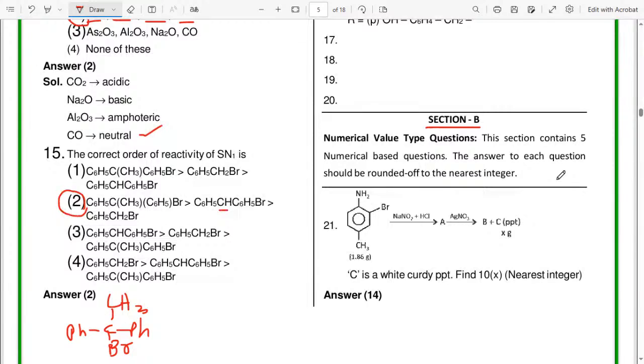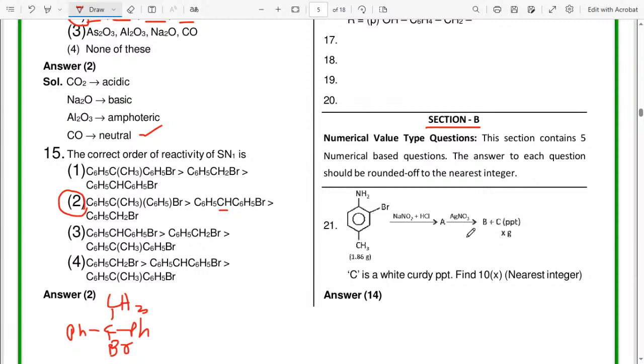So the first question of this section B, that is question number 21 of chemistry, JEE Mains 2026, April 2nd evening session. So for 21, this is what is given. Yes, 2-bromo-4-methyl aniline, upon diazotization using sodium nitrite plus HCl, gives the diazonium chloride of this amine.